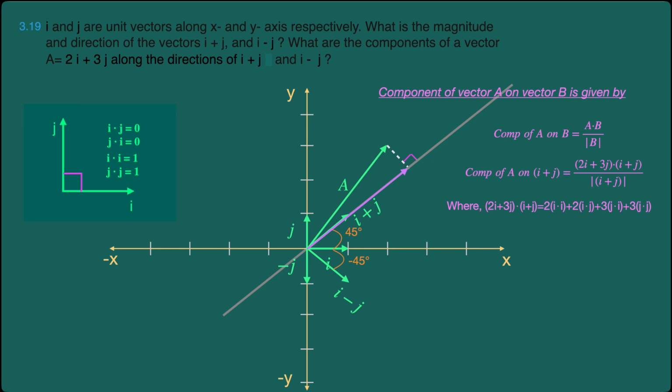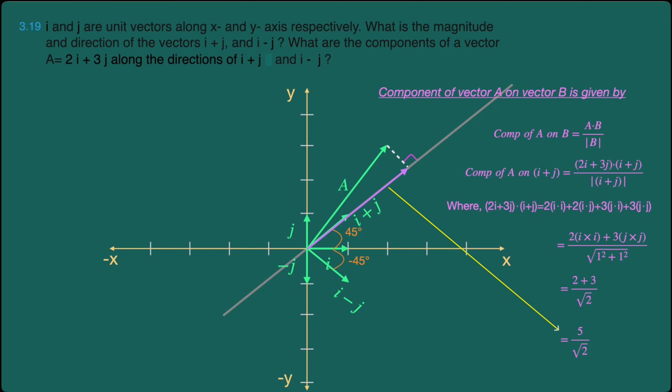Therefore, the expression simplifies to 2 plus 3 divided by root 2, which gives us 5 upon root 2. Hence, the component of vector A along the direction of i plus j is 5 upon root 2 units.